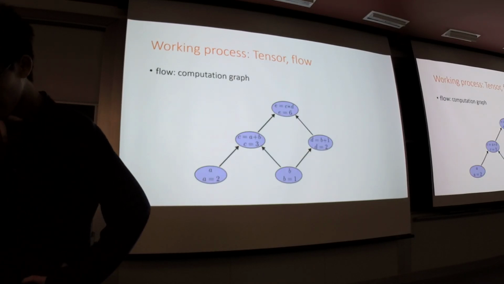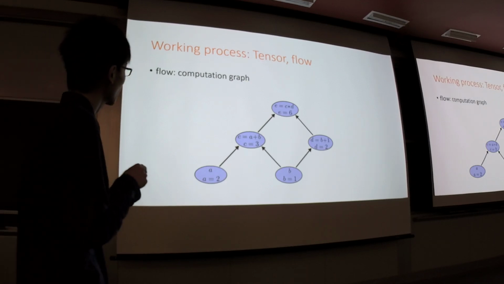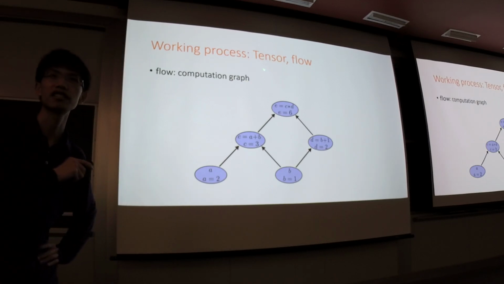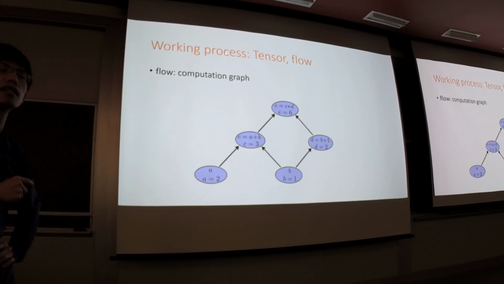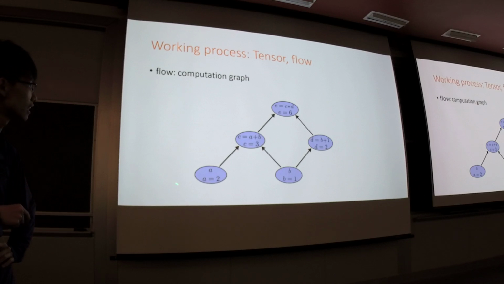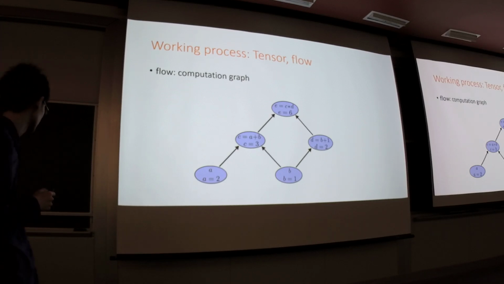Then flow. Flow refers to the computation graph. This is the core of TensorFlow and is the key difference between TensorFlow and PyTorch. In TensorFlow, you need to first define this computation graph and then execute this graph. It's not like NumPy.